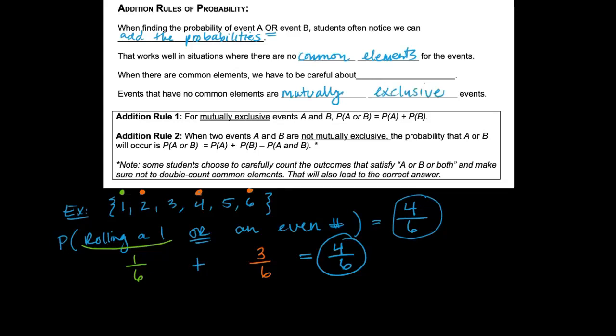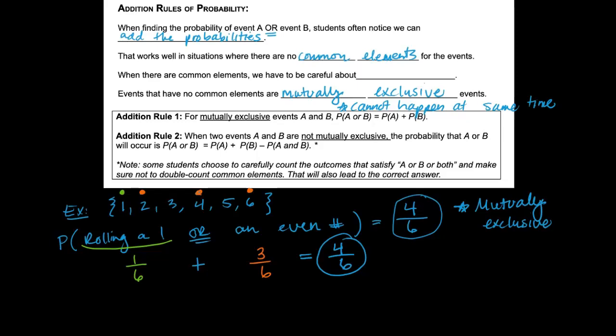So they cannot happen at the same time. And so I'm just going to label these. These are what we call mutually exclusive events. Rolling a 1 or an even number.